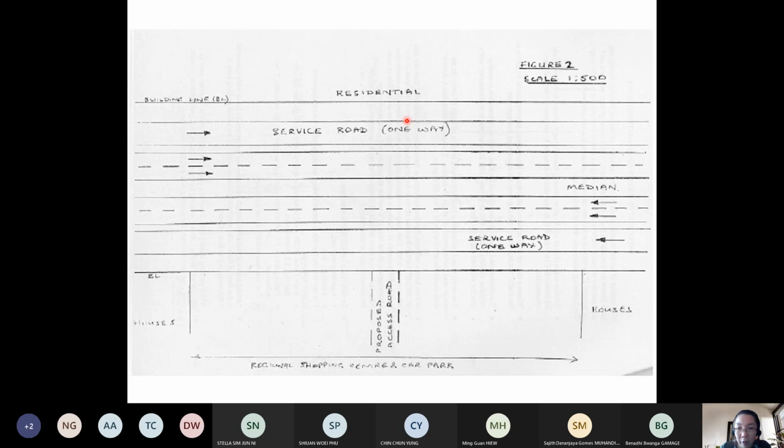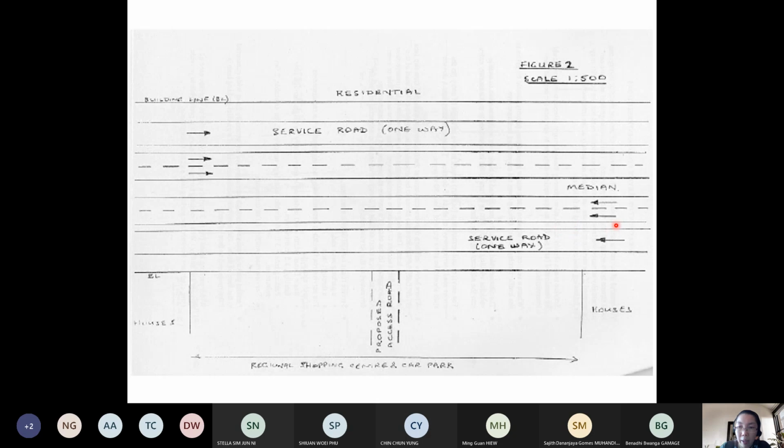And if you have noticed, you have service road one way, service road one way. Now, the service road is not counted as part of your arterial 4-lane two-way. If you recall from your road engineering, as the name suggests, the service road is to collect all the traffic from your arterial road, so that you don't have all these small intersections, left in, left out.